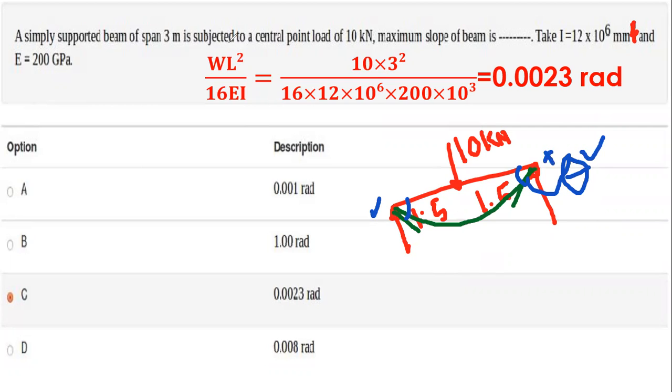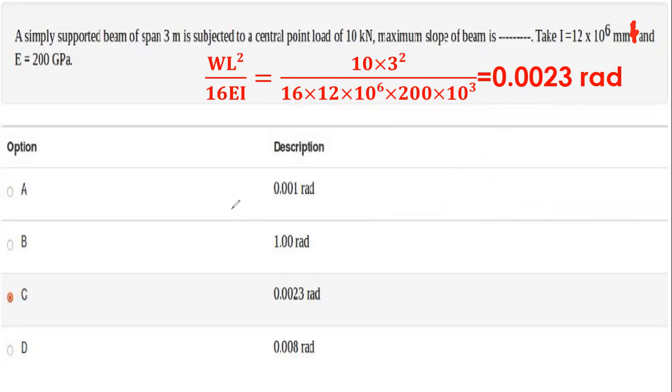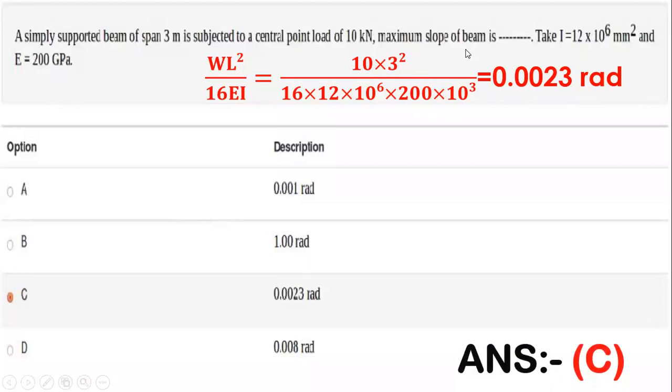W is 10, L is 3, 3 square is 9, divided by 16 EI, where E is 200 GPa and this is the moment of inertia. If you simplify further, the answer we get is 0.0023 radians. So the answer is option C.